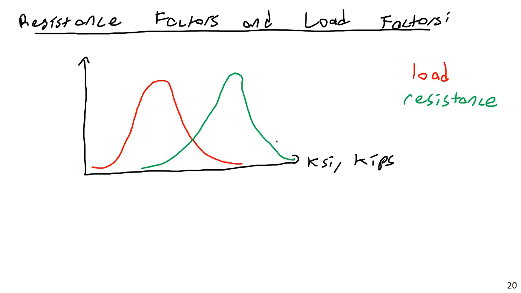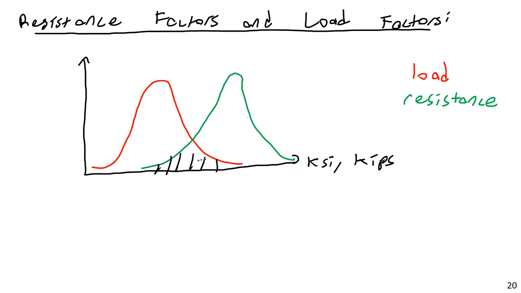We're trying to take into account the spread of it. And so if we start with our loads and we multiply by a load factor, basically we'll end up with something that is hopefully well beyond the curve of the load. But even no matter what we do, this is important to keep in mind: there is always going to be some overlap. These things have tails that asymptotically approach zero. They never actually reach zero.